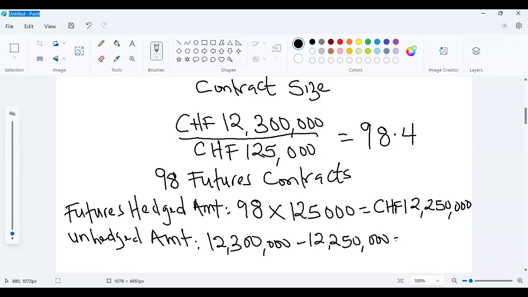That means we have in CHF, we have 50,000 that cannot be hedged under futures market.